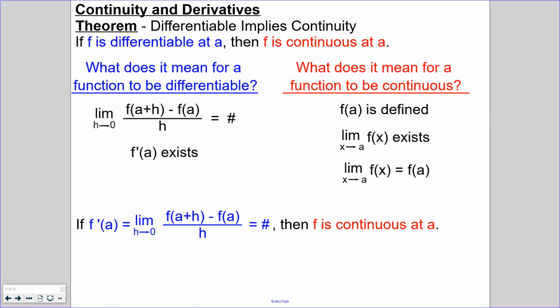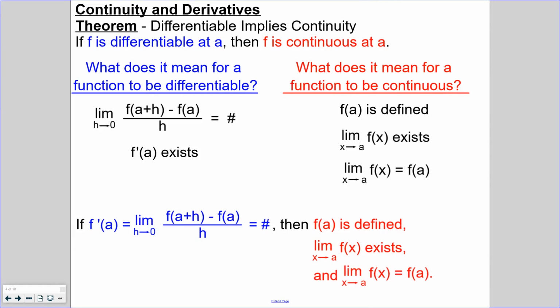Then f of x is continuous at a. Well, we know that if f is continuous, that means that f of a is defined, the limit exists, and the limit equals f of a. So again, breaking down this theorem, it says if f prime of a equals the limit, and that equals a number, then the three conditions of continuity are true.